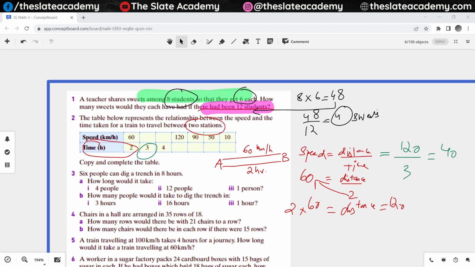Isn't that how we calculate speed? Distance over time. So now the speed is how much? 40 kilometers per hour. Miss Anam and Sir Arman, quickly the speed for this next slot when it takes 4 hours to reach. Sir Arman, if it takes 4 hours to reach, how much would be the speed?